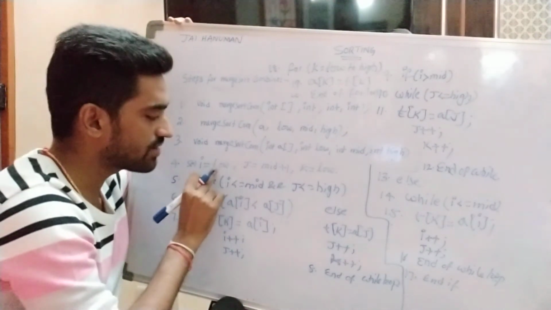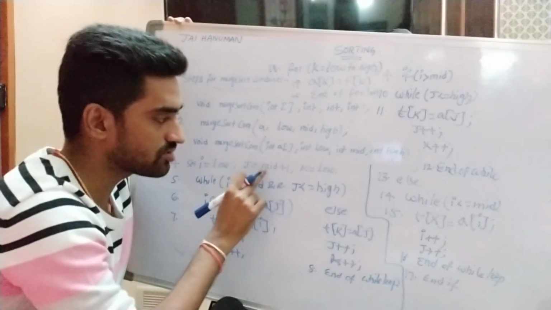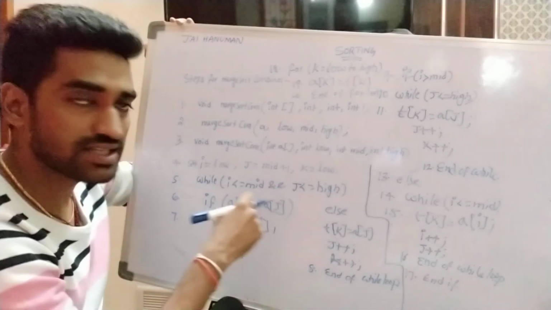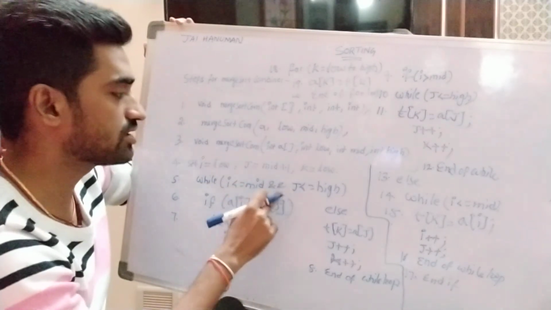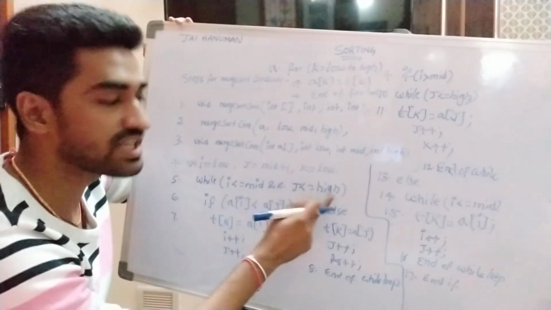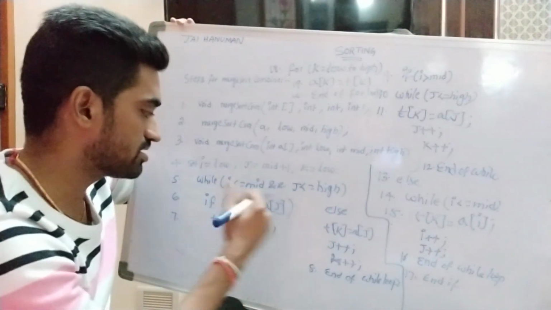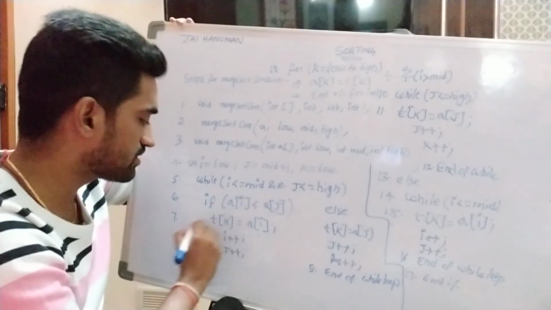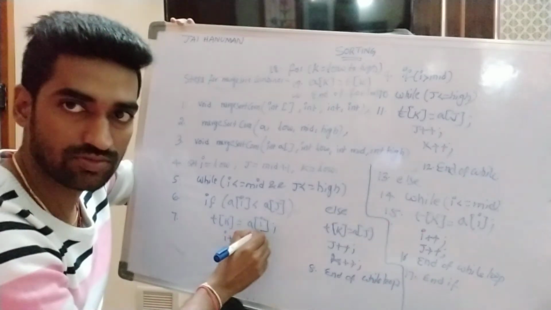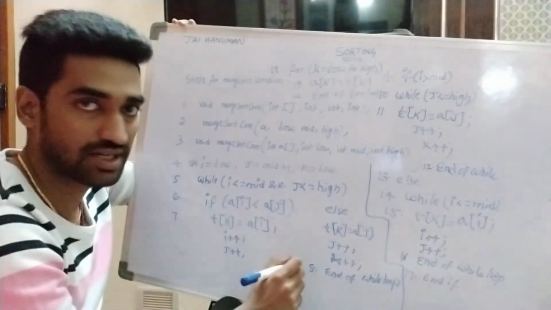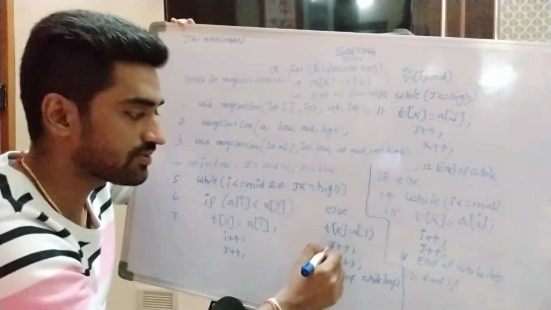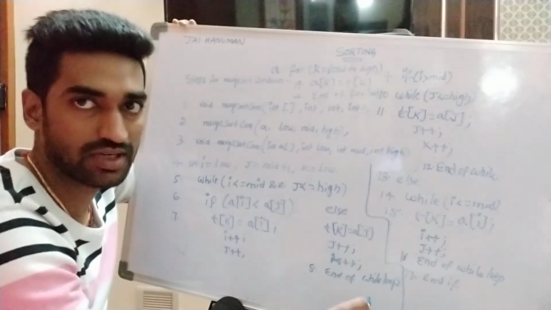First of all, i is set to low, j is set to mid plus 1, k is set to low. Then we check the condition while i less than or equal to mid, logical and j less than or equal to high. If this condition is true, the temporary array stores the A of i value, i is incremented by 1, k is incremented by 1. Otherwise, the temporary array stores the A of j value, j is incremented by 1, k is incremented by 1.